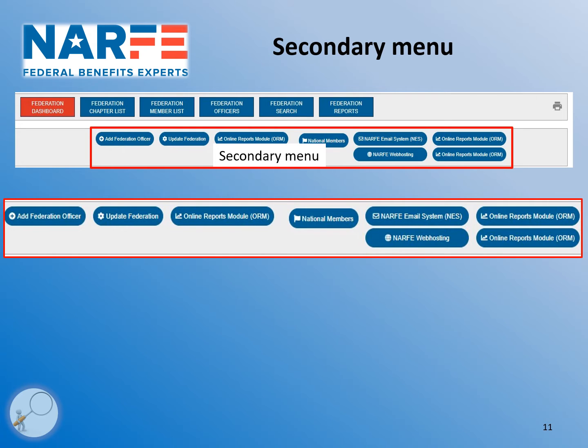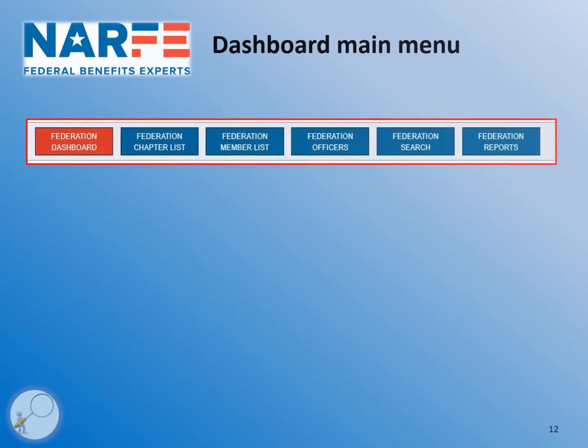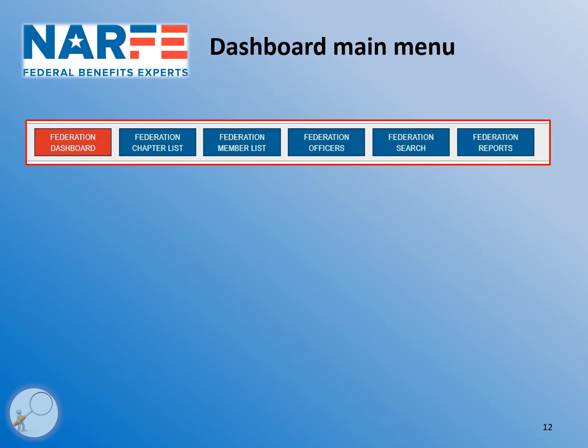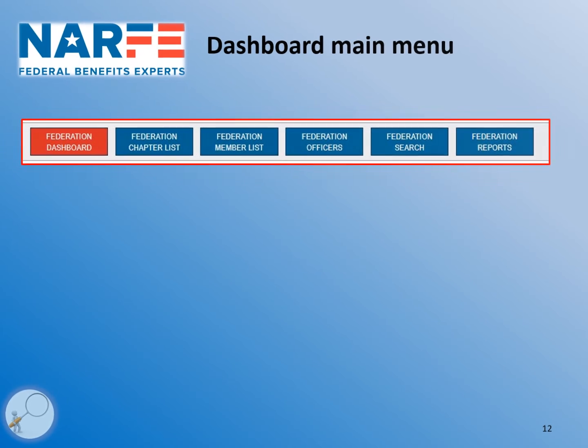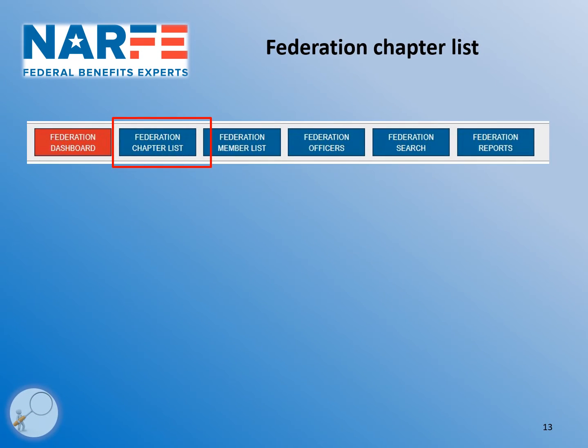Now we're going to look at each function on the dashboard menu, starting with the chapter list, the Federation chapter list.